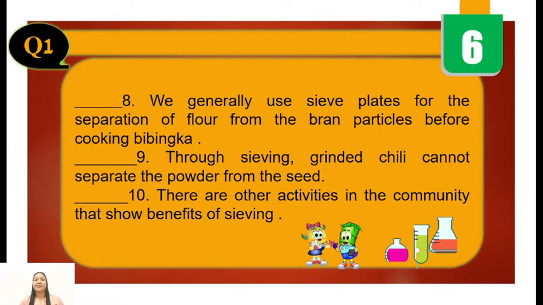True or false? Number 9. Through sieving, grinded chili cannot separate the powder from the seed. True or false? And the last one, number 10. There are other activities in the community that shows benefits of sieving. True or false?